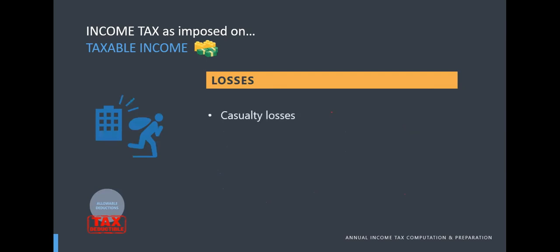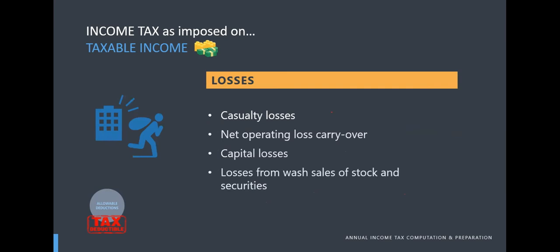Next, losses. So there are different kinds of losses. Number one, casualty losses. Next, net operating loss carryover, capital losses, losses from wash sales of stocks and securities, wagering losses, and abandonment losses.